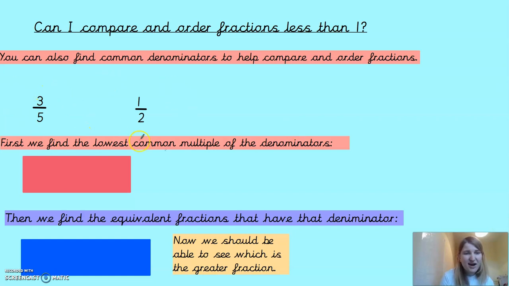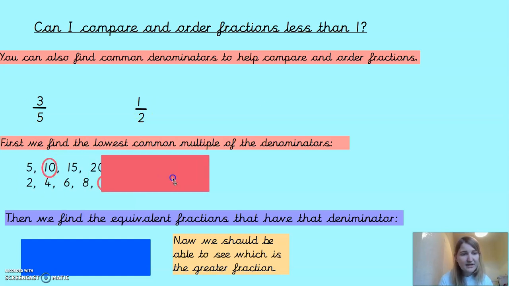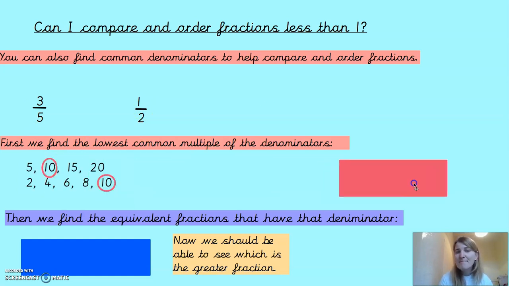If I've got 3 fifths and halves, I'm not going to be able to turn either of them into the other. I can't turn halves into fifths because 5 is an odd number. It won't be in my 2 times table. And I can't divide 5 to turn it into 2. So instead, I'm going to think about my multiples of those numbers, so numbers in the times tables of my denominators.